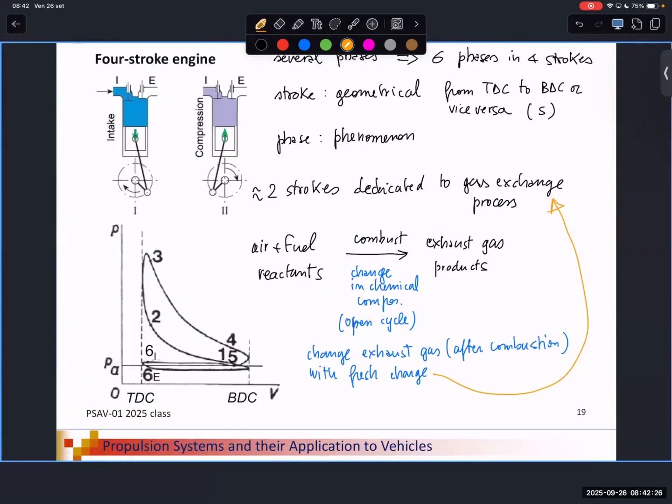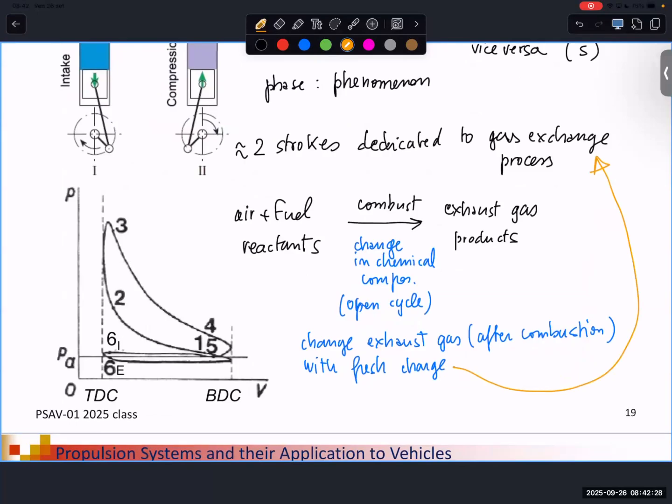Here at the bottom, we have a diagram in which we plot the pressure inside the cylinder with respect to the volume. Maybe here the resolution is not that good.